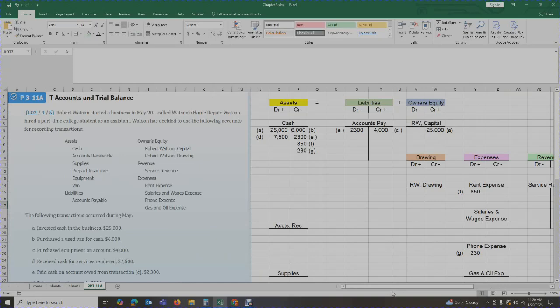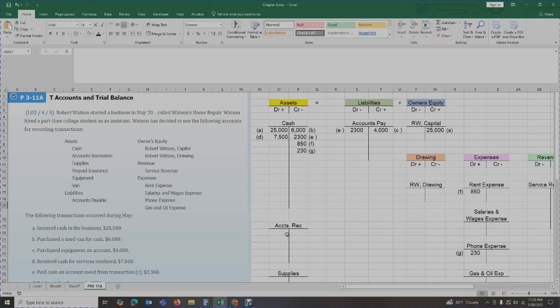Where do you record money that is owed to your business? Think. Where do we put money that is owed to us that we're going to collect later? Anytime money is owed to the business, we're going to set it up in our accounts receivable so we can keep track of money that we are pending to receive. Okay? Payable is when we owe money. Receivable is when someone owes us money.